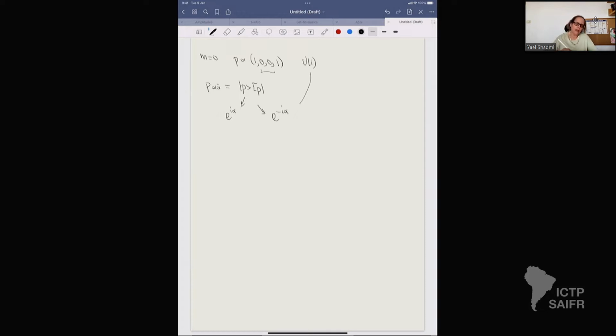Now, if we're talking about real momenta, then this alpha is real. So for real momenta, this U1 is really just a phase rotation. But for complex momenta, it can be some complex number.